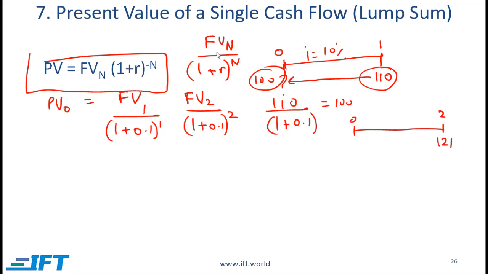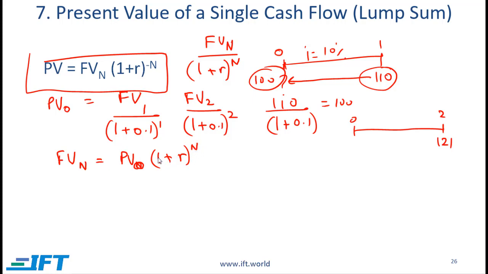Notice also the relationship between this formula and what you have seen earlier. The earlier formula, where we were talking about future value, was the following. The future value at time n was equal to the present value at time 0 times 1 plus r to the power of n.